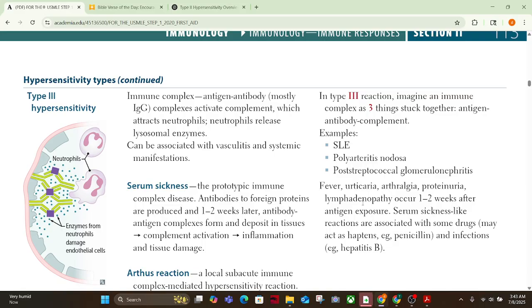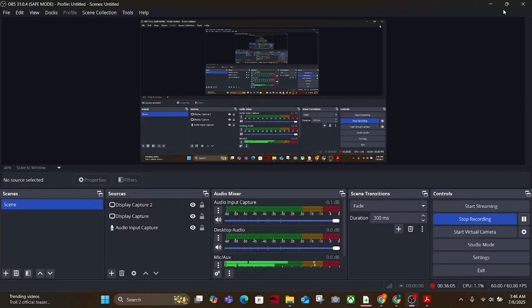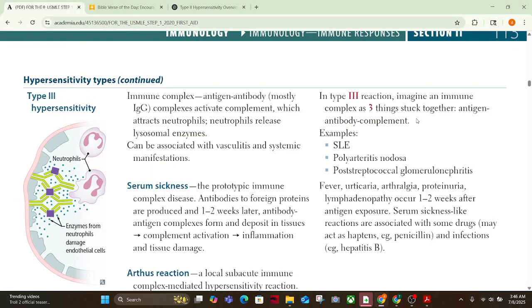Because remember, C5a calls neutrophils in. What else calls neutrophils in? The other neutrophil chemoattractants, besides C5a, are LTB4, IL-8, and bacterial products.